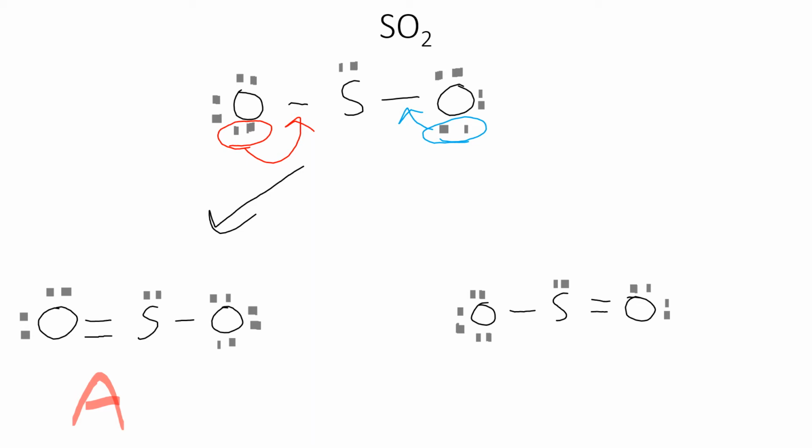So now I have two different structures. If I look at that structure on the bottom right, let's call it structure B.